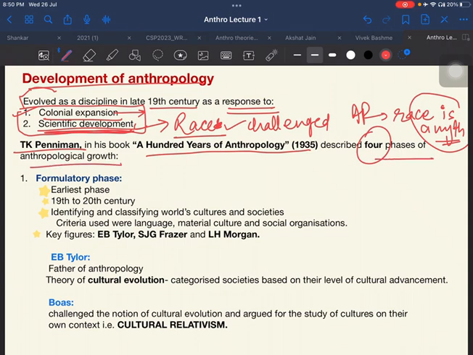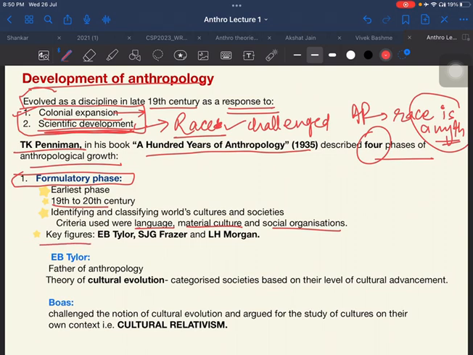The first and foremost phase is the formulatory phase. This is of course the earliest phase. It was in the 19th to 20th century. There was nothing much, but mainly the study of language, material culture, and social organizations as they are. So it was just the starting of anthropology.